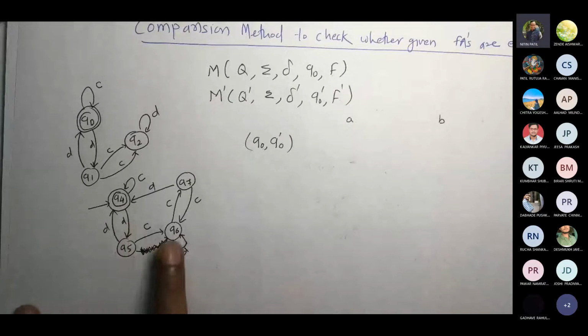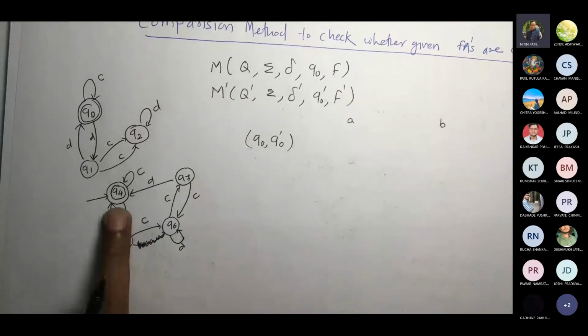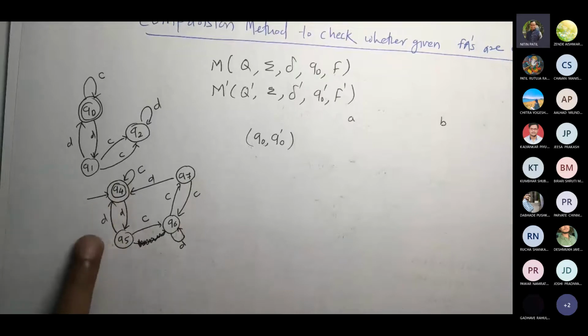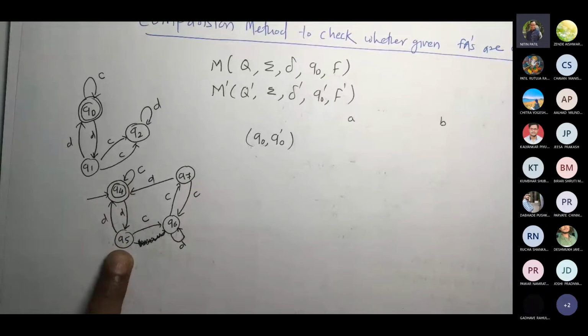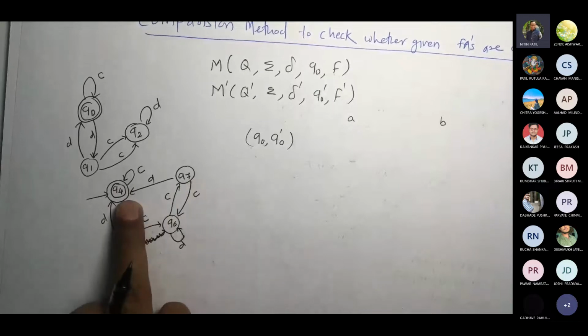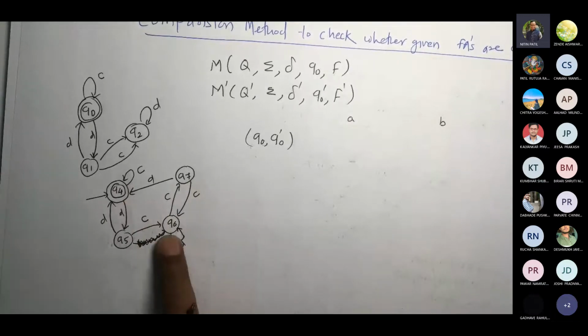So I have Q4, Q5, Q6, Q7. From Q4, I have transitions Q4 to Q4 with C, Q4 to Q5 with D, Q5 to Q4 with D, Q7 to Q4 with D, Q5 to Q6 with C, Q6 to Q6 with D, Q6 to Q7 with C, and Q7 to Q6 with C.